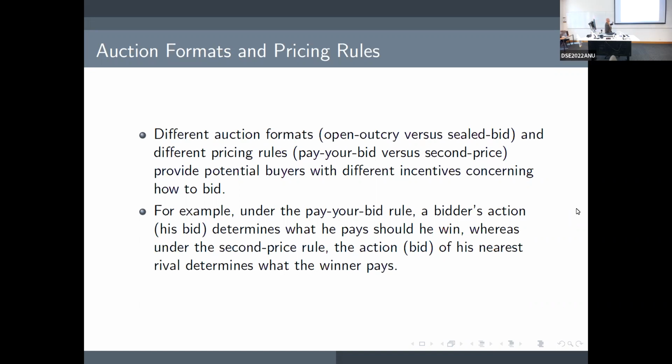Whereas under a second price rule, the action of his nearest rival determines the price he pays. And so when your action determines your payoff, you're probably going to lie. And when the price you pay is determined by some independent neighbor, you're probably going to be pretty truthful. So what we know is that in second price auctions, the bids are going to be much more truthful than they are at pay your bid auctions.